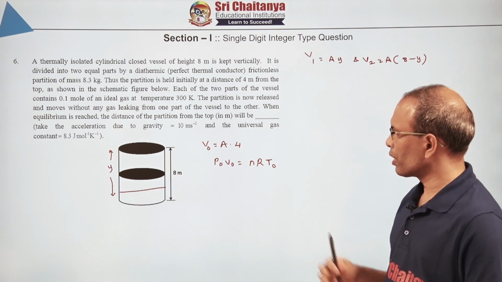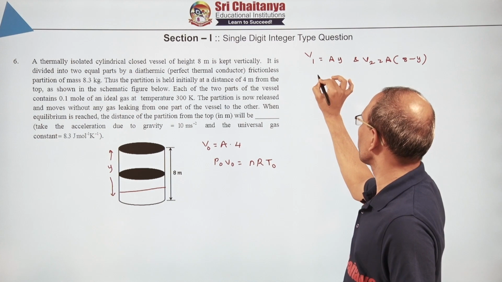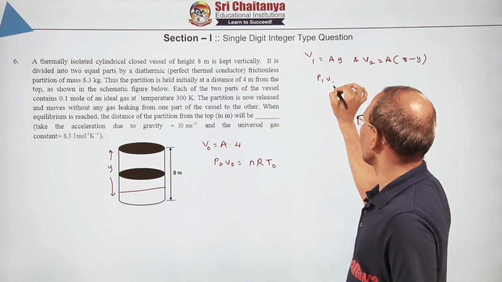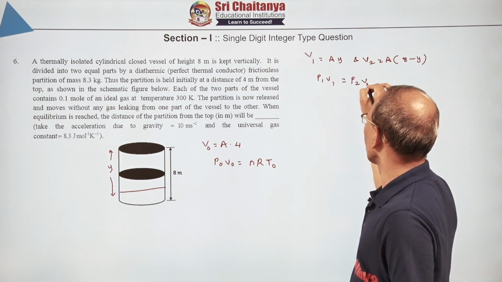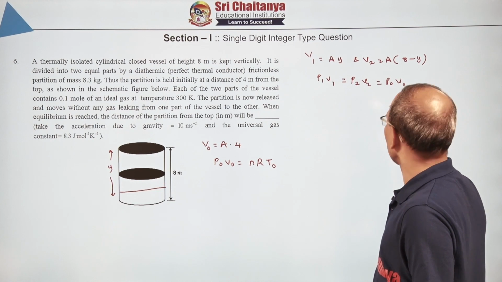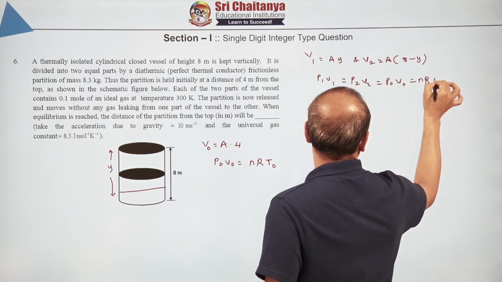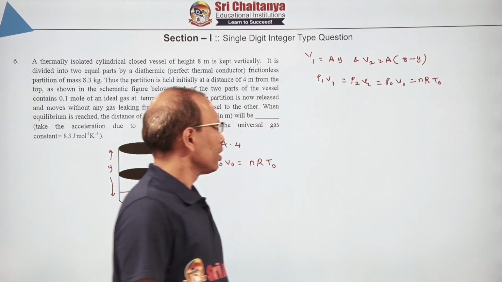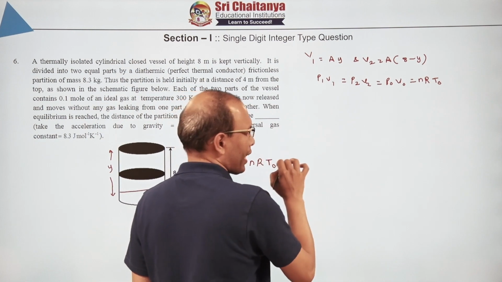Let the pressures be P1 and P2. So we can write P1 V1 is equal to P2 V2, which is nothing but P naught V naught, or you can also say it as nRT naught. From this we can write the values of P1 and P2 directly.